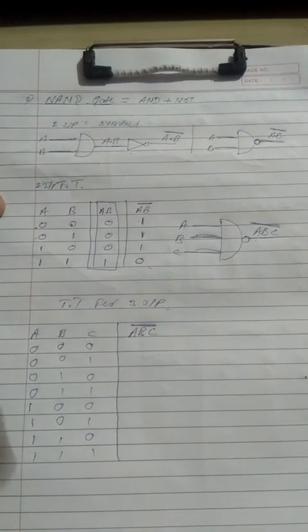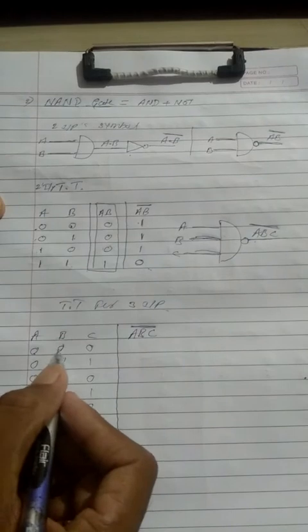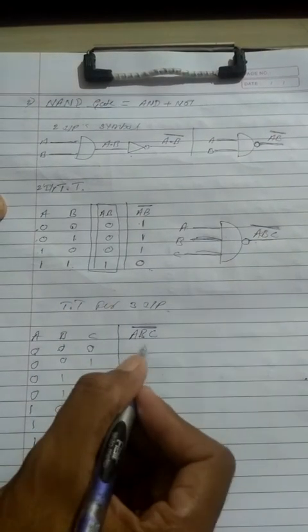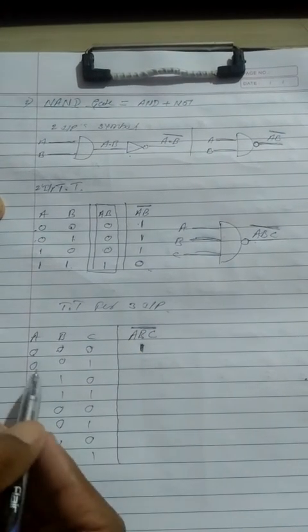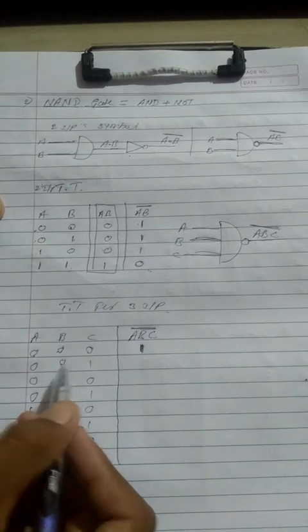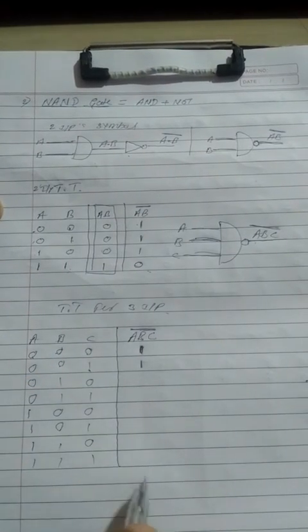Then see the output: 0 into 0 into 0 is 0, 0's bar is 1. Next, 0 into 0 into 1 is 0, 0's bar is 1. See, all outputs become 1, and the last one becomes 0.